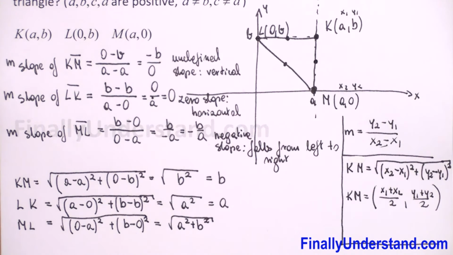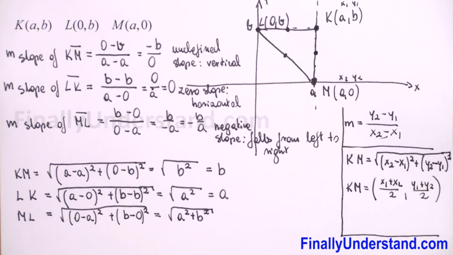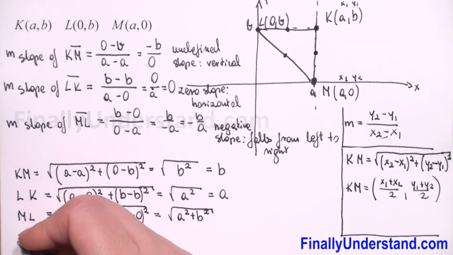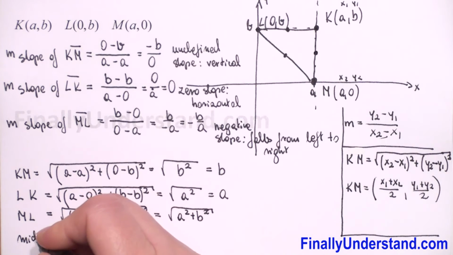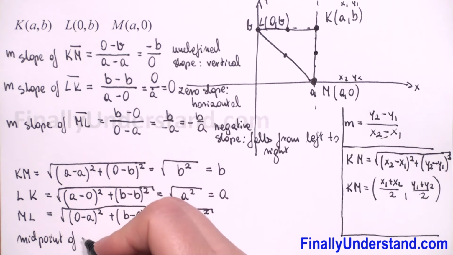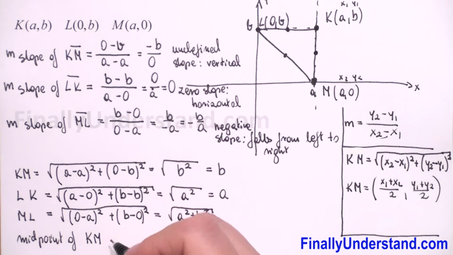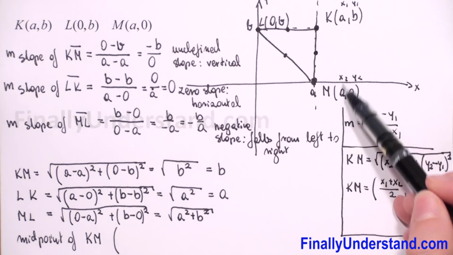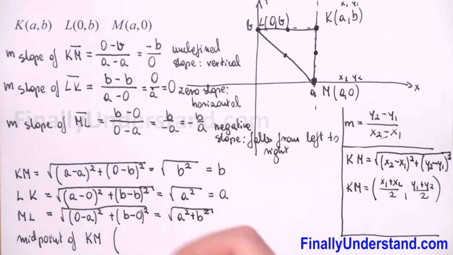So now first we will find the midpoint of KM. We have to first add first coordinates and divide by 2.